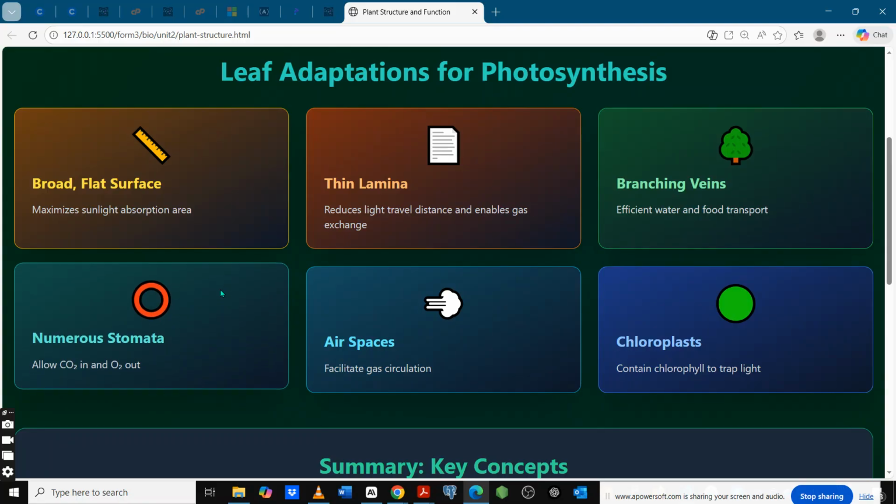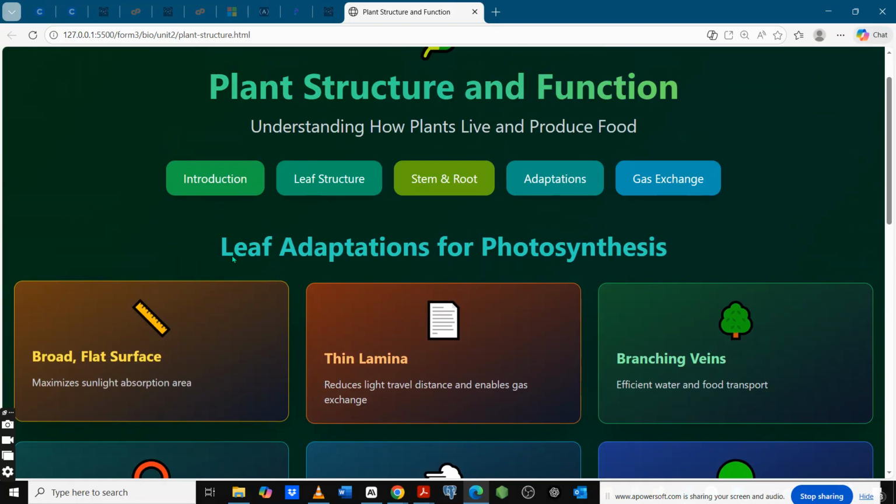A leaf has numerous stomata. They allow carbon dioxide to enter the leaf and oxygen to come out. The leaf has air spaces which facilitate gas circulation, and the leaf has chloroplasts which contain chlorophyll to trap sunlight. The way I've just said it, that's how you can write an essay during examinations. There are so many adaptations of a leaf for photosynthesis.